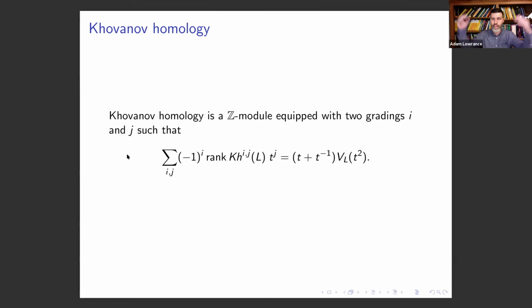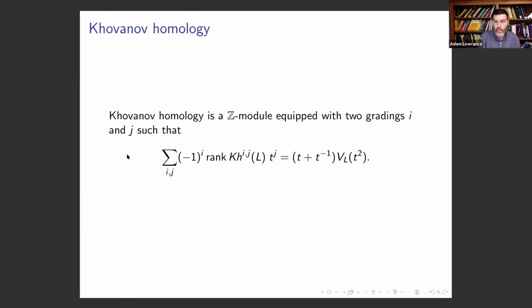Can you strengthen that theorem by doing something in the categorification? And we know some things about the first and second coefficients of the Jones polynomial of Turaev genus 1 knots. So then it's natural to ask what happens in the first and second quantum gradings, or the first and second polynomial gradings for Khovanov homology of such knots and such links.